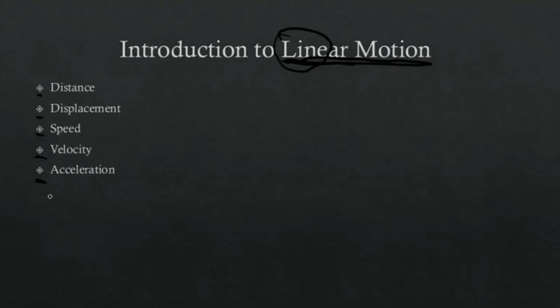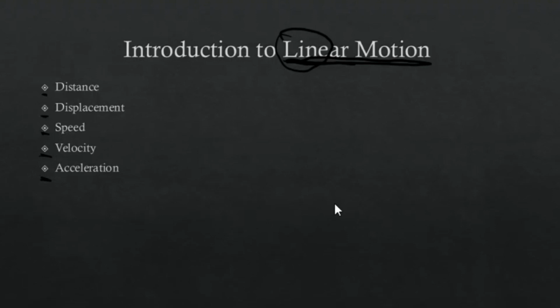Assuming it was in a straight line, we would have said linear displacement. Assuming it was in an arc, which would eventually form a circle, we would have said angular displacement because it would be describing an angle as it's moving. In the same way, we have linear speed and linear velocity, angular speed, angular velocity. Then we also have linear acceleration and angular acceleration.